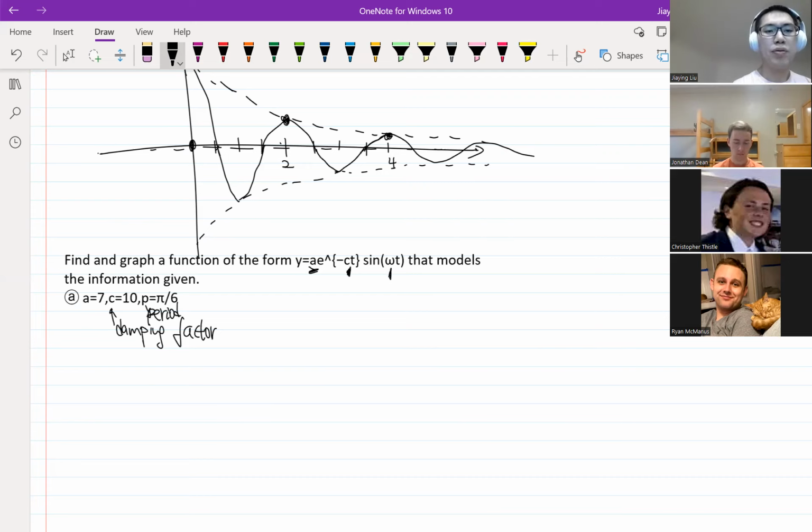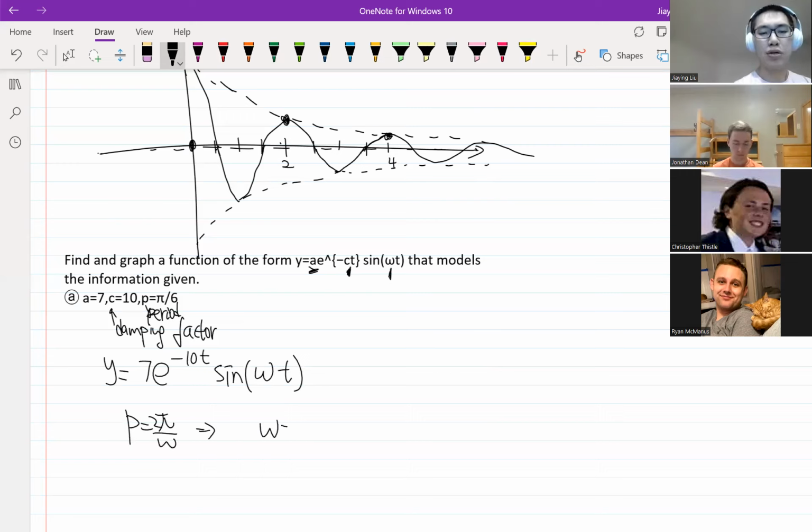So from here, we're just going to plug in a, plug in c, and plug in p, but we have to convert p to omega. So y equals a is 7, e to the negative c, 10t, and then sine omega t. We need to find omega. We know that period equals 2 pi over omega, which tells us that omega equals 2 pi over p, which is 2 pi over 6.